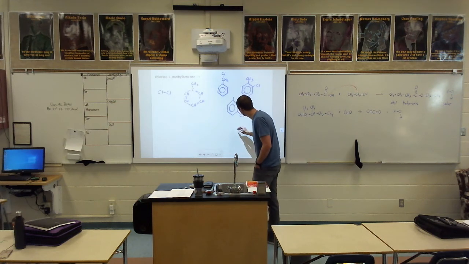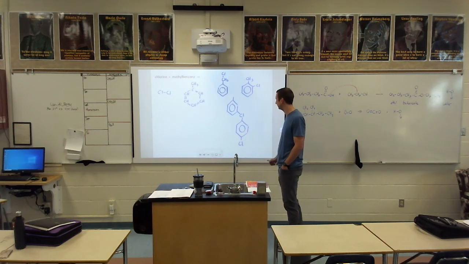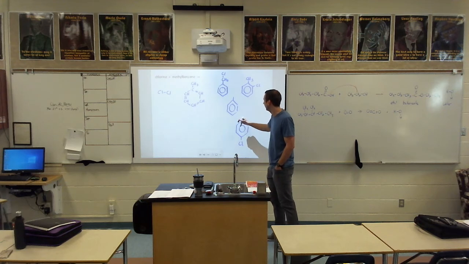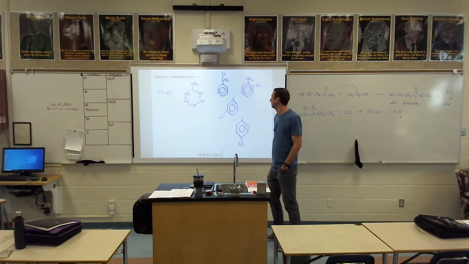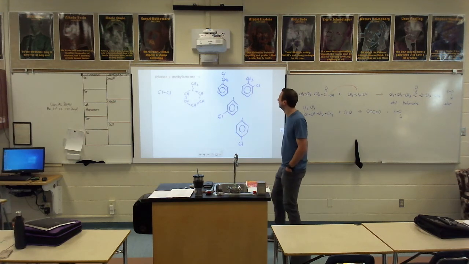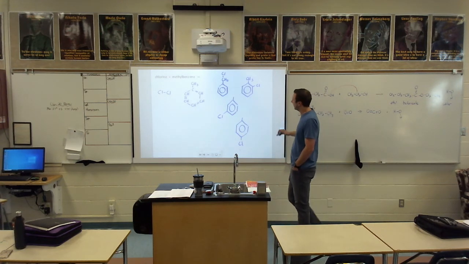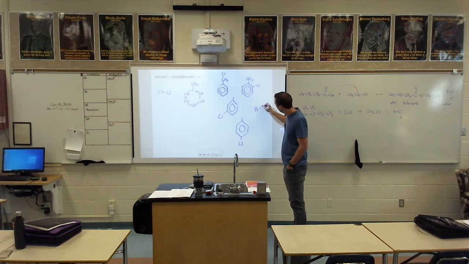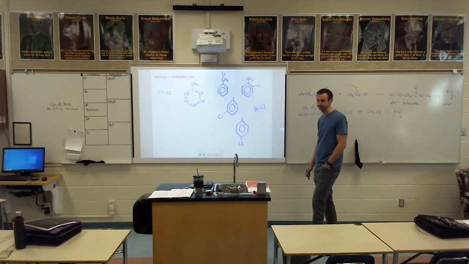Get this one. And in that para kind of spot too. It's unfortunate how I do that. Let's do it this side. It's the same. And then finally, I also will have HCl as a product, little byproducts there.